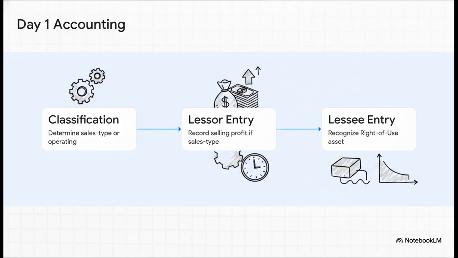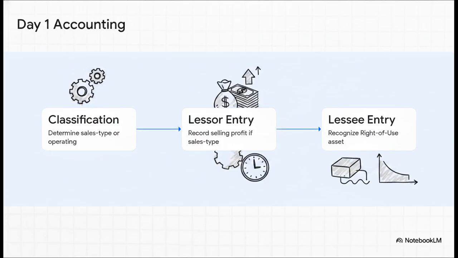Step 2 is Lakeshore's day 1 journal entry. Because it's a sales-type lease, they must completely derecognize the equipment and record immediate selling profit. That profit is the present value of $62,000 minus their cost basis of $50,000. That equals exactly $12,000 in upfront profit recognized on day 1. Plus, they will recognize interest income over the remainder of the term.